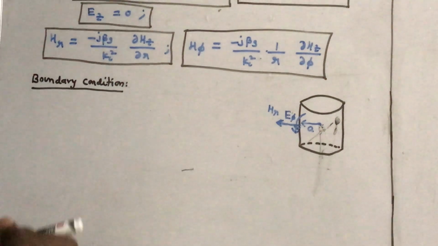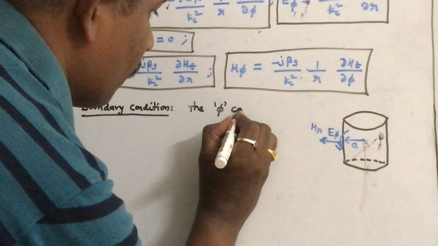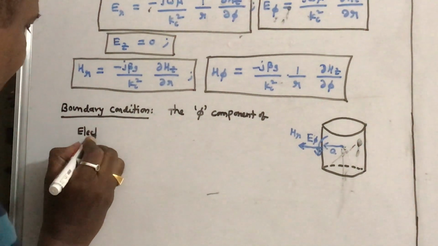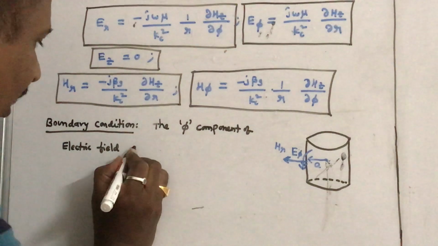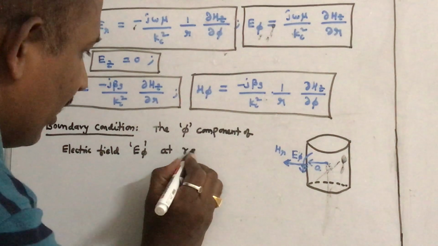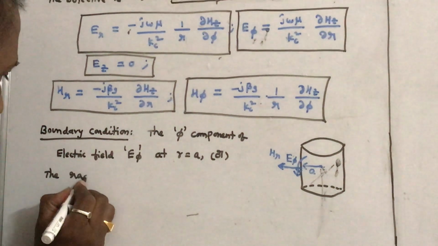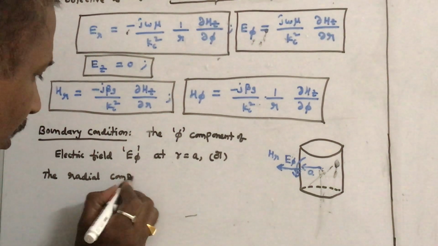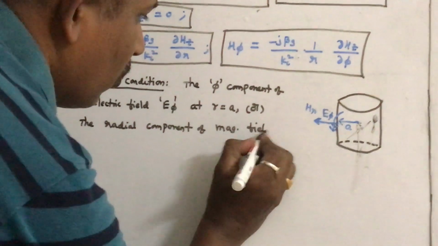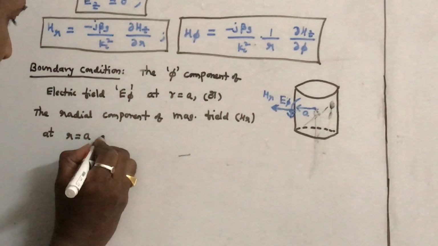If you write these two boundary conditions, the phi component of electric field, E phi, at R is equal to A, or the radial component of magnetic field, HR at R is equal to A, is 0.